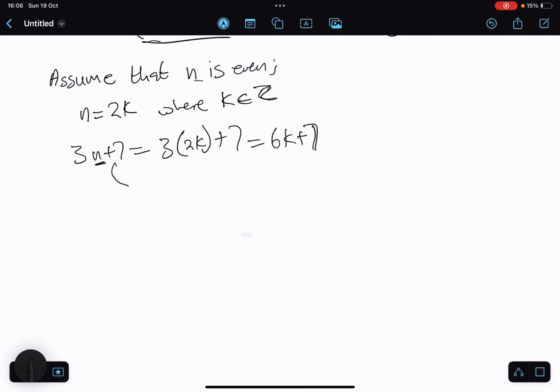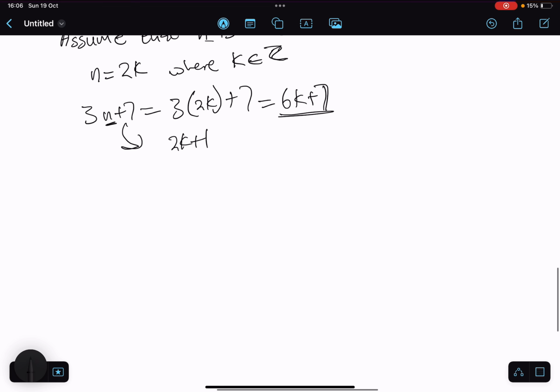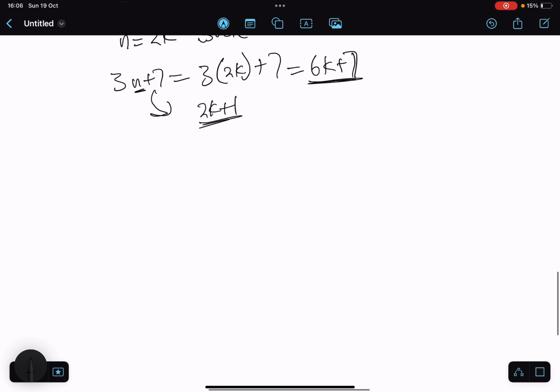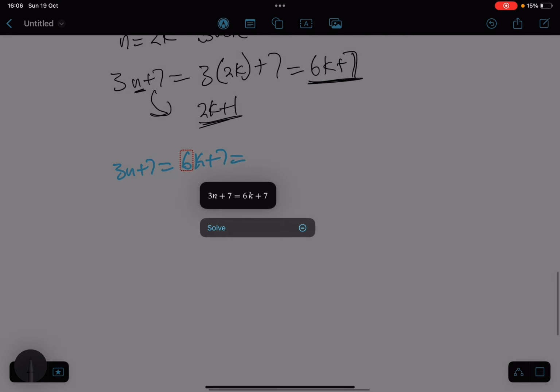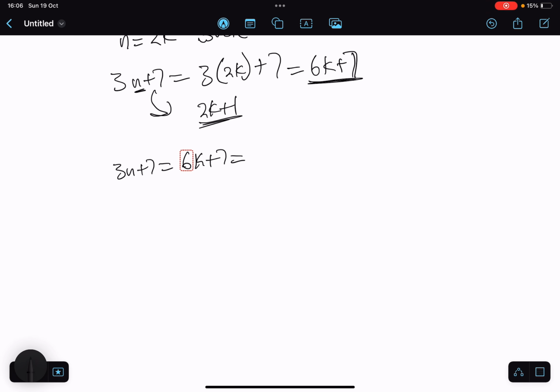Since we are saying 3n plus 7 should be odd, we want to represent it in the format 2k plus 1. So how can you represent this in this format? I'm going to say 3n plus 7 equals 6k plus 7, which equals 6k plus 6 plus 1.